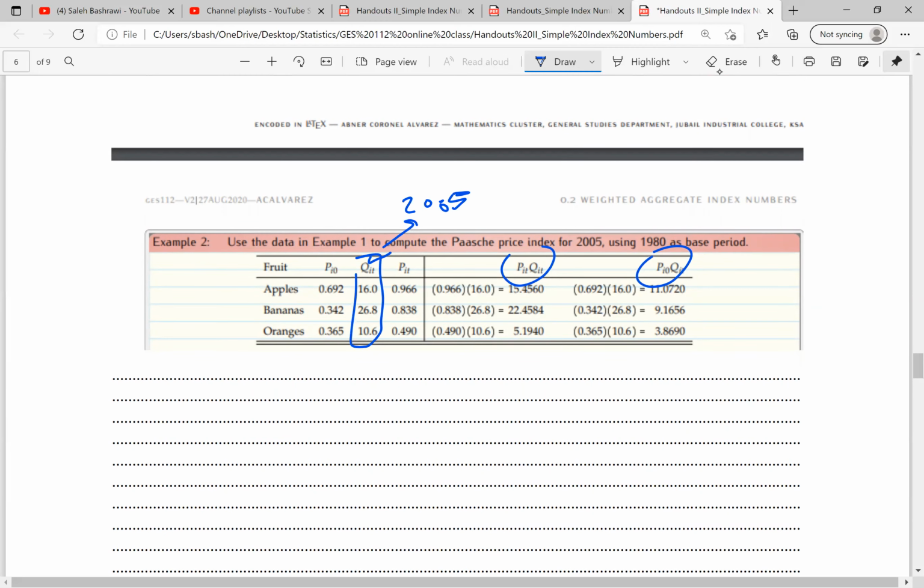So the index number for this, or the Paasche index number, P_it, is equal to, we need to find the sum of these numbers, sigma.